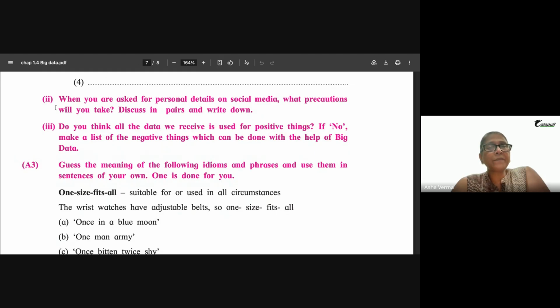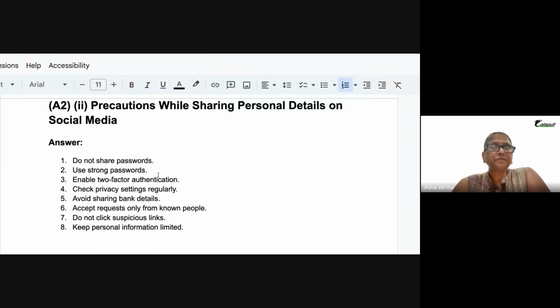This is very important. When you're asked for personal details on social media, what precautions will you take? You should never share your personal details on social media, ever. So what are the precautions that we can take if we are on social media? Never share your passwords. Use strong passwords. Simple passwords can be guessed. Enable two-factor authentication.